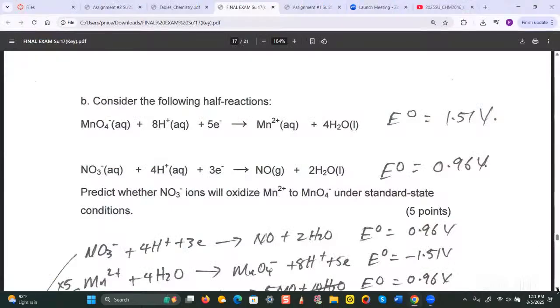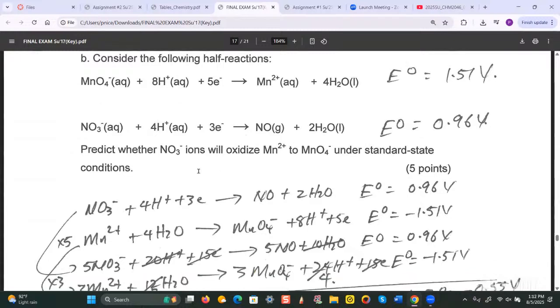So the question is asking, predict whether nitrate ions will oxidize Mn2+ to MnO4- under standard state conditions. These are the two equations given. I looked up the standard EMF values and wrote them down here and here. If you remember, when adding two equations like this with their corresponding EMF values, one would have to be reduction and the other oxidation.